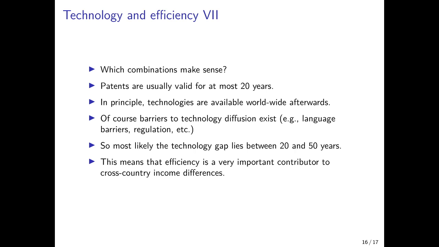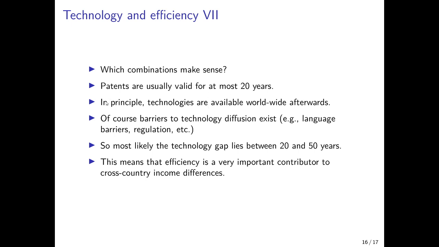Now, we already discussed that patents are usually valid for 20 years or so. So we could assume that if technologies are introduced in high-income countries, then it takes at least these 20 years until the technologies potentially also arrive at the low-income countries. Of course, it could be earlier because a firm that invents the technology could also produce there and so on and so forth. But in reality, of course, those firms mostly produce in high-income countries.